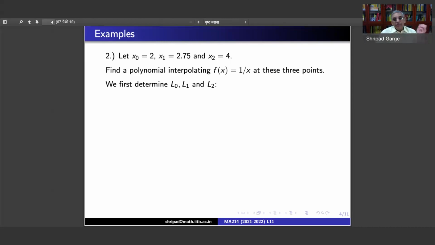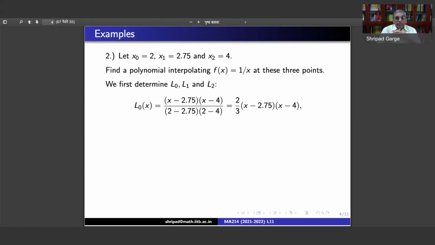So of course, we need to first determine the polynomials L0, L1, L2. Once again, remember, these polynomials do not depend on the function. They depend only on the nodes, because they are given with the x0, x1 and x2. Those are the 3 nodes that we need to define these polynomials.